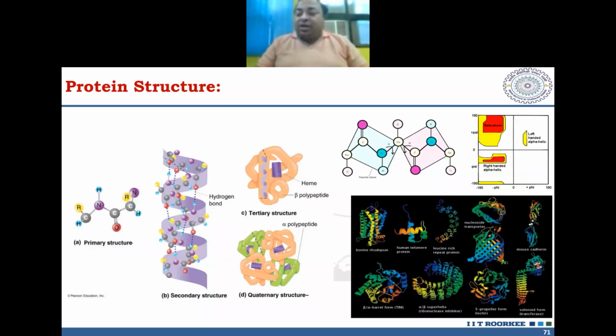Yeah, please do that. So yes, apparently it looks like a single bond, but there is a resonance because you see C double bond O, NH. If you look at N, and I would be a little more descriptive in the next class, nitrogen has a lone pair of electrons.